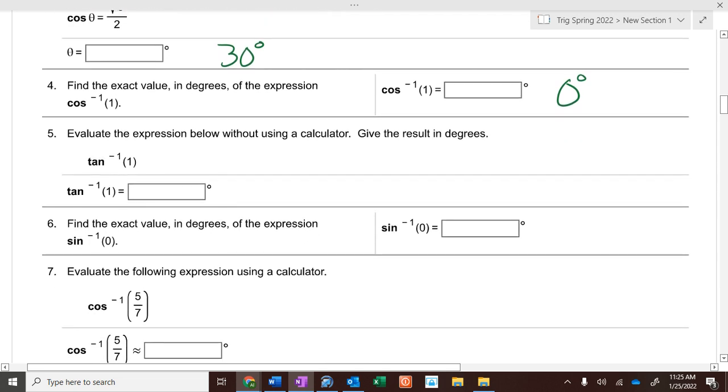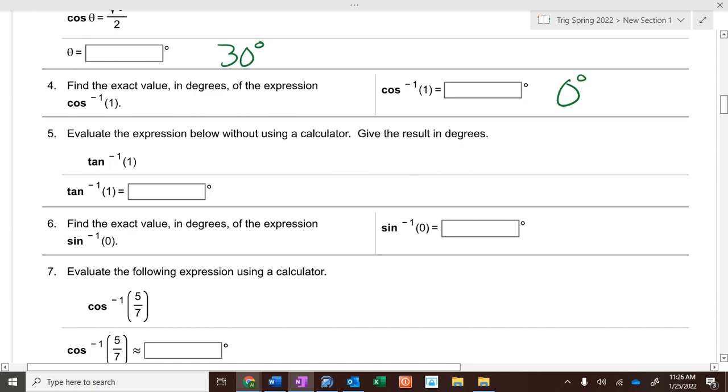Where's the tangent equal to 1? Not 30. Not 90. Not 0. Somewhere in between negative 90 degrees and 90 degrees, tangent is equal to 1. Look at your unit circle. 45.